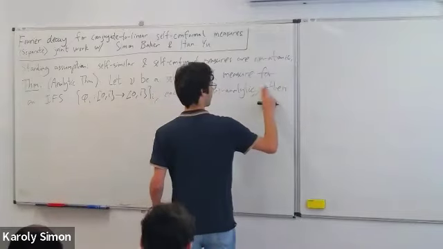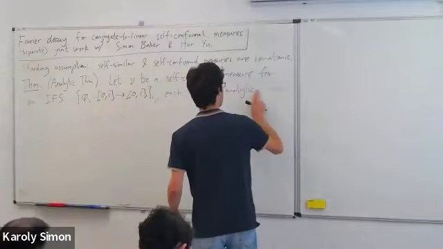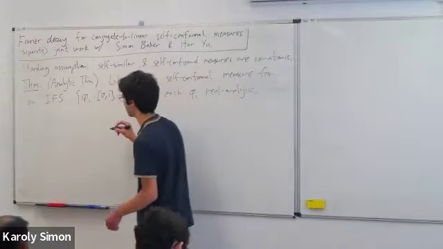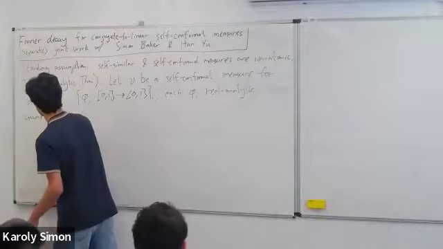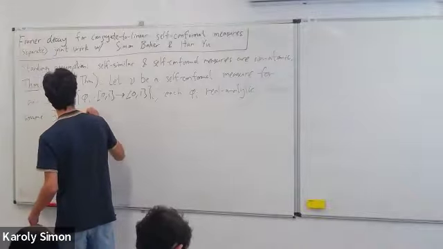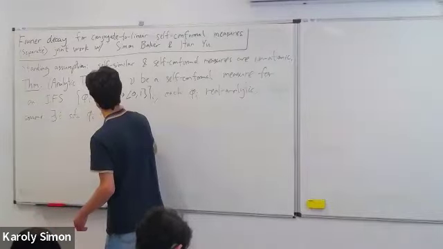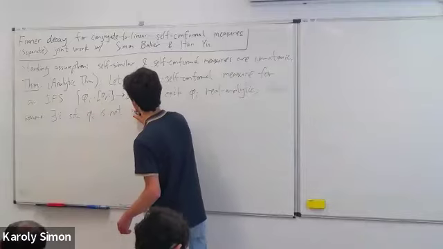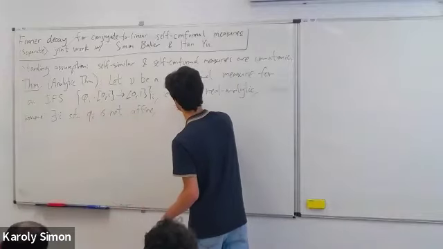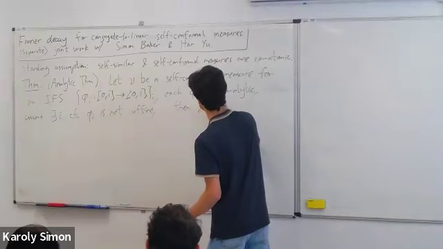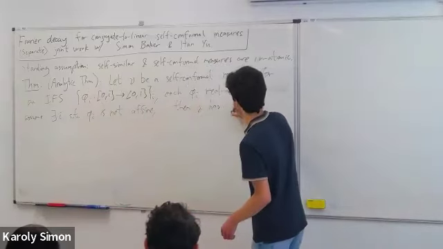Then, and we're also going to assume a non-linearity assumption, there exists some i such that phi_i is not an affine map. Then nu has polynomial Fourier decay.